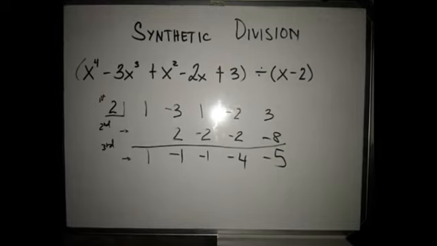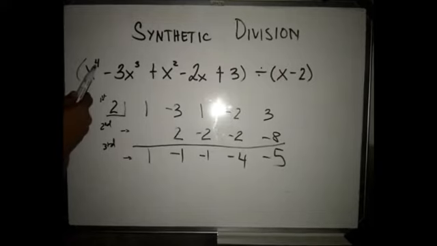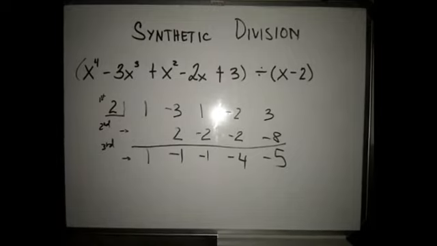Okay. So ano na ngayon yung tinatawag nating quotient? So, yung quotient natin would be in a polynomial form pa rin. Ngunit kung mapapansin natin dito, yung highest exponent natin ay 4. Ngayon, dito naman, ang highest exponent na natin would be 3.